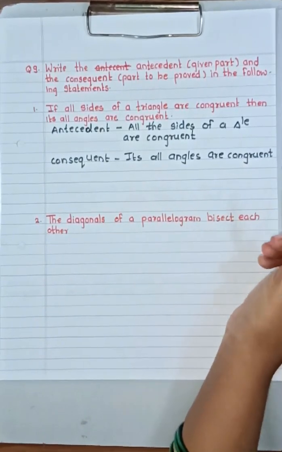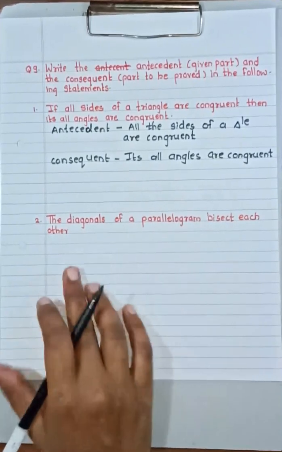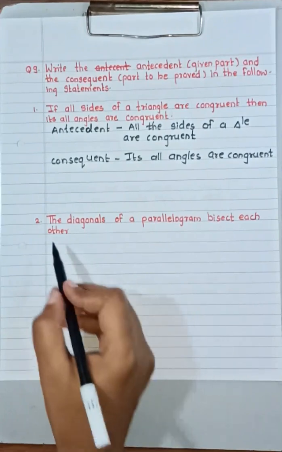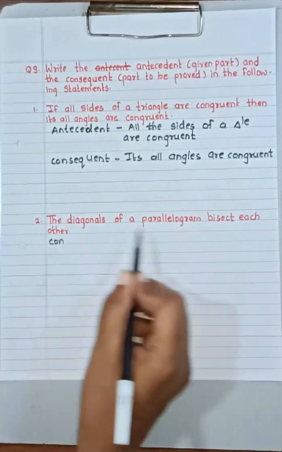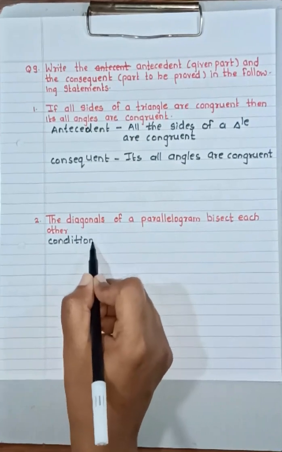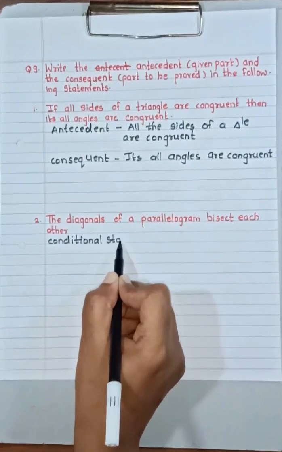Okay. Now second one, they have given the diagonals of a parallelogram bisect each other. So you have to write first the conditional statement. It is not given in if and then form. So write down conditional statement first.